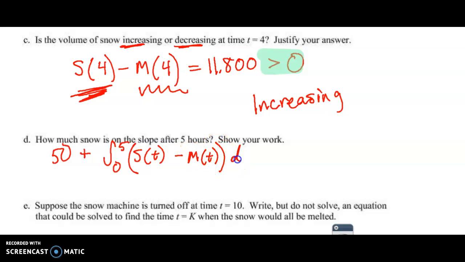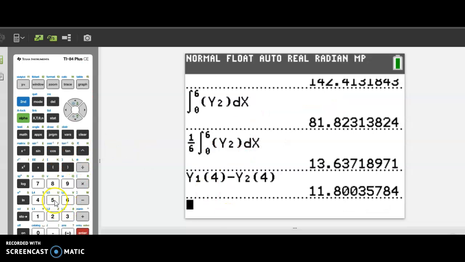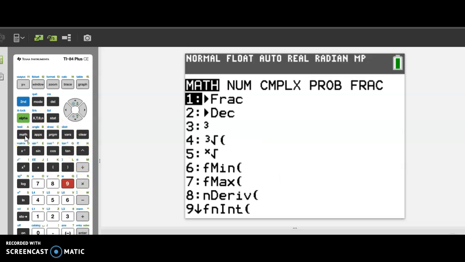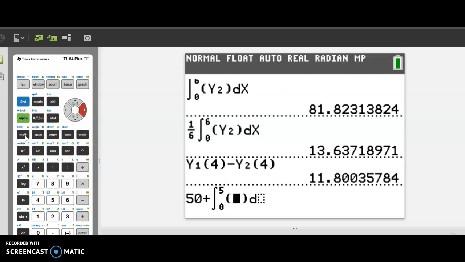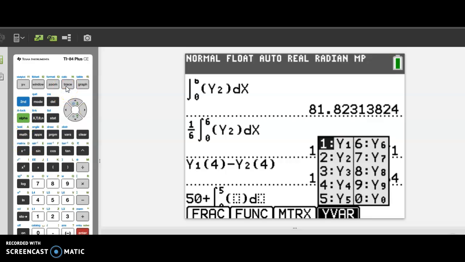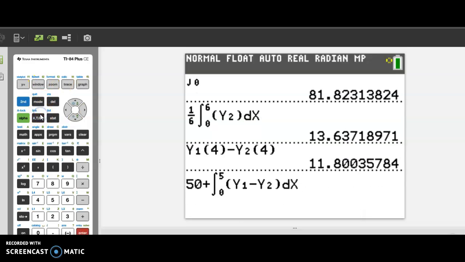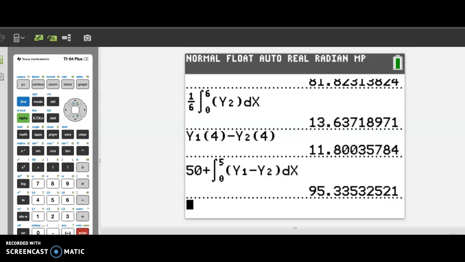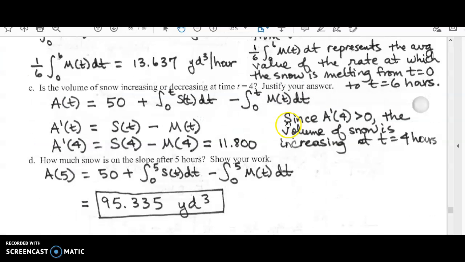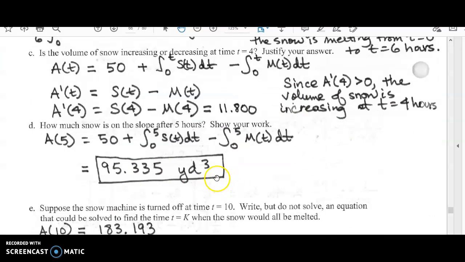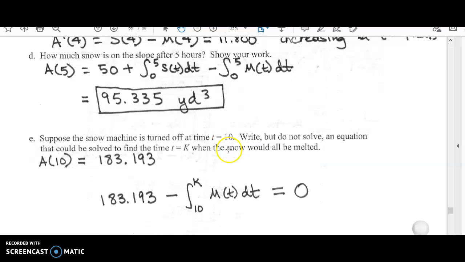And that's a property of integrals that we've learned. So if I go to my calculator, I can just type that in, 50 plus the math, the ninth option from 0 to 5, alpha trace y1 minus alpha trace y2 in terms of x. And you get your 95.335 cubic yards.